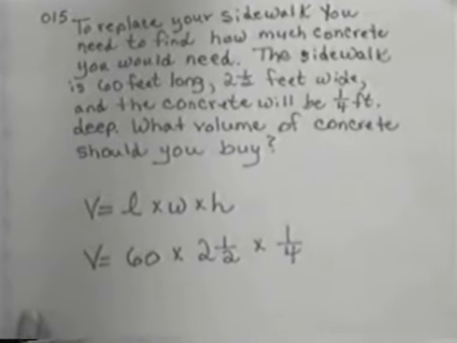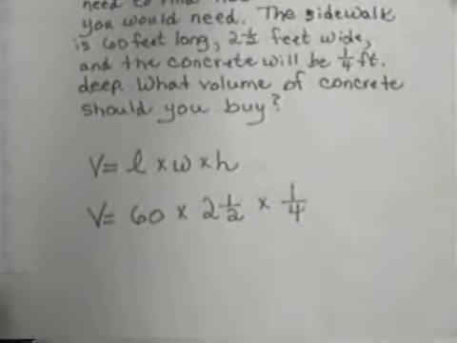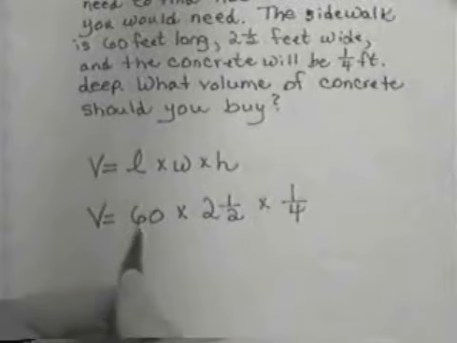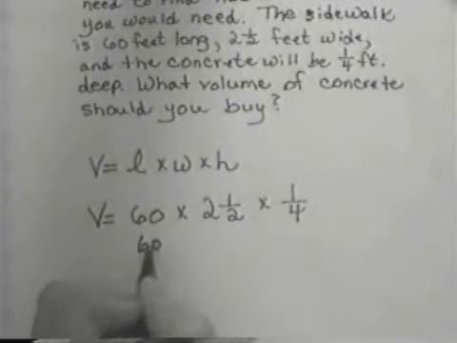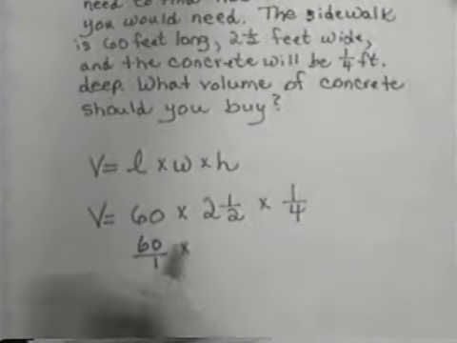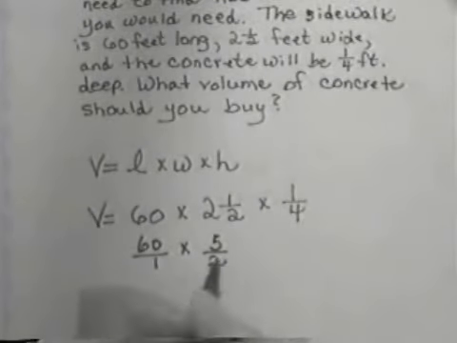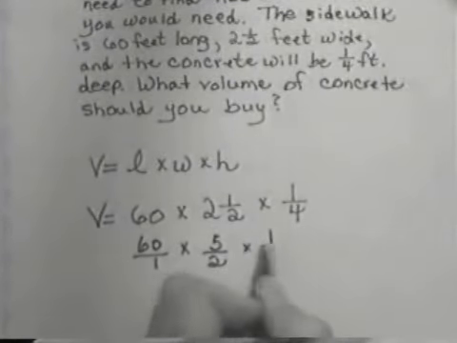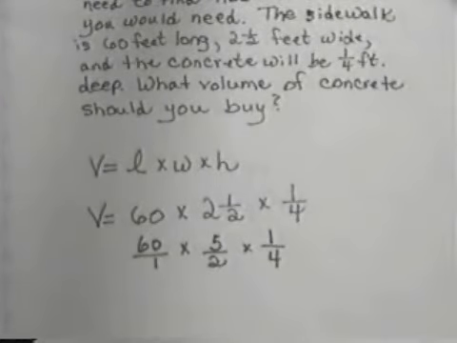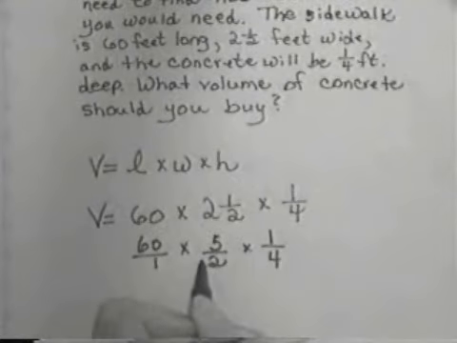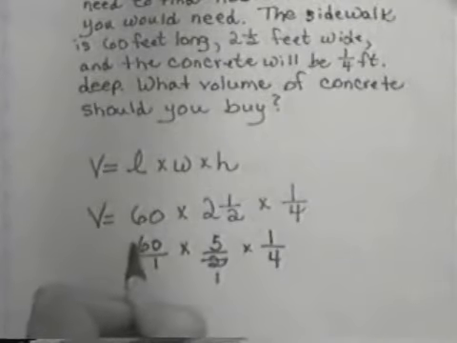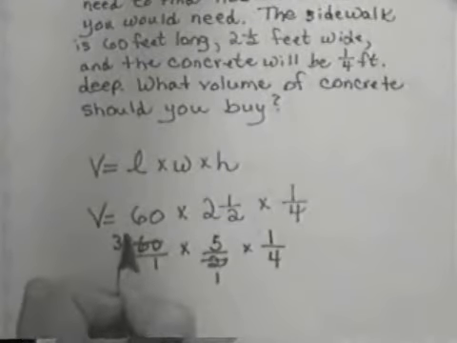So let's fix them all so that they look like they should to multiply. We put 60 over 1 times, make this improper, 5/2 times 1/4. Then we look to see if we can do any reducing. 2 we're going to do 1 time, 2 we're going to 60 30 times.